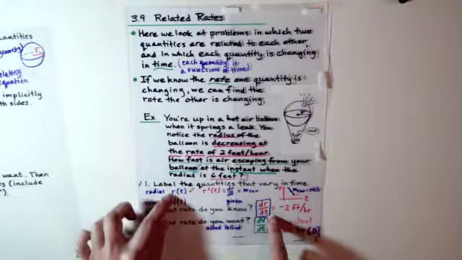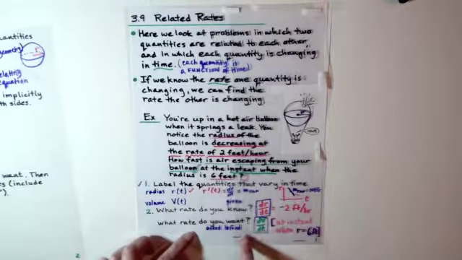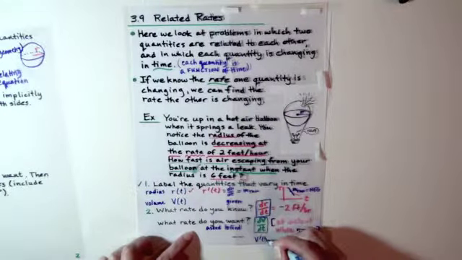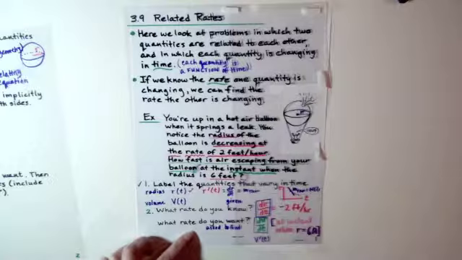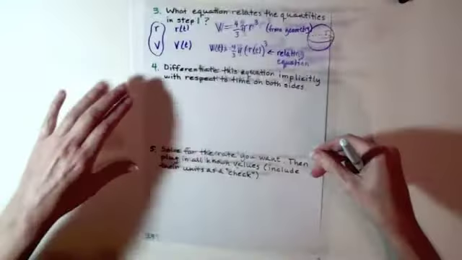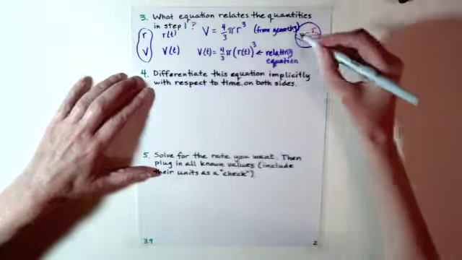That's the derivative of r of t. That's r prime of t. And the rate that I want, the thing that I'm looking for, is dV/dt. That's really the derivative of the volume function, V of t. So the equation that I have is a nice equation that relates V and r together.